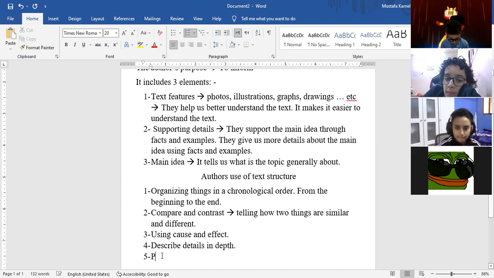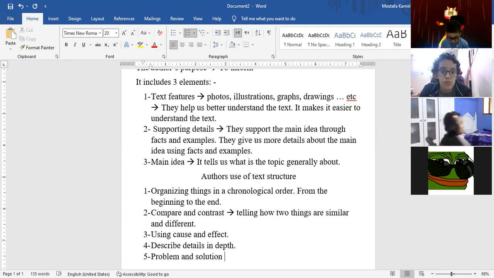And the last one is called problem and solution. And this is our case for today. The problem and solution can also be called conflict and resolution. You're in grade 5, so you will use it.